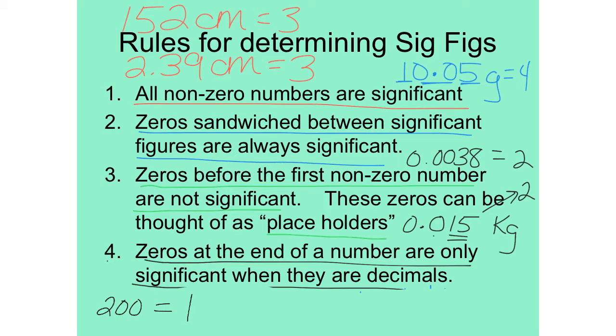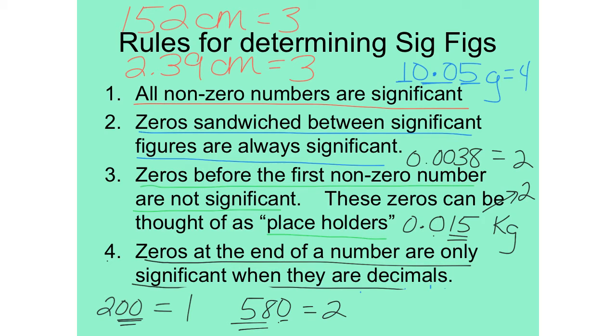When you say 200, it kind of feels like an estimated number. So those zeros at the end have to be there to maintain the place value so they don't count. Another example, 580. That would be 2 significant figures. That 0 at the end isn't going to count because it has to be there to maintain the place value, and it's at the end and it's not a decimal.